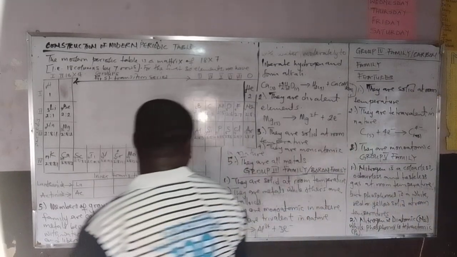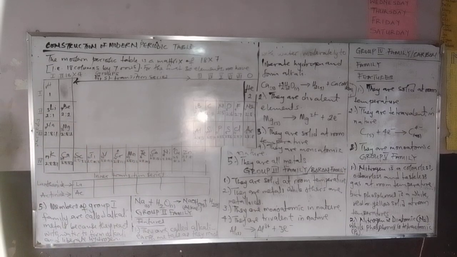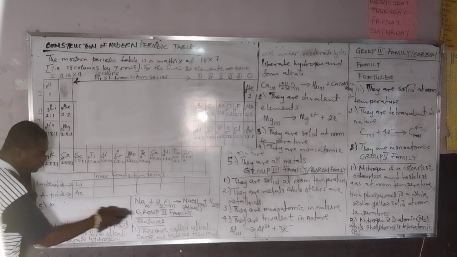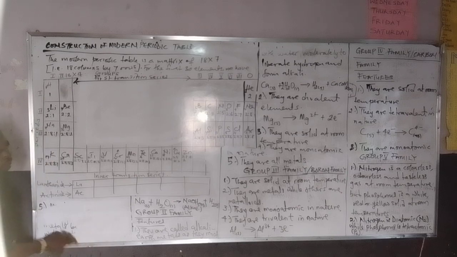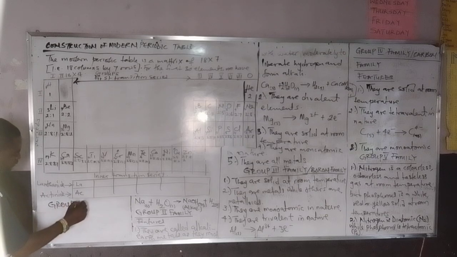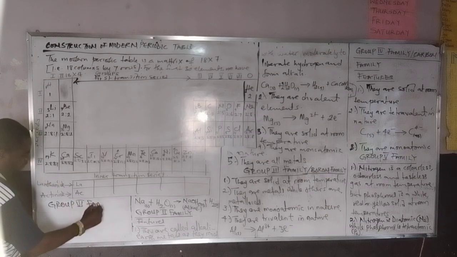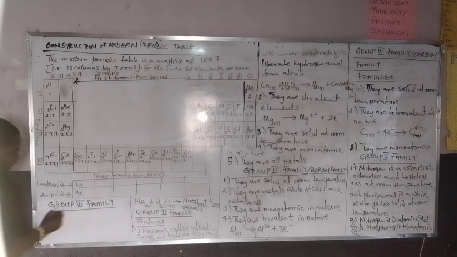Now let's go back to board 1. Now, let's go to group 6 family.